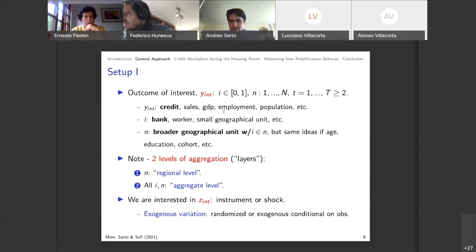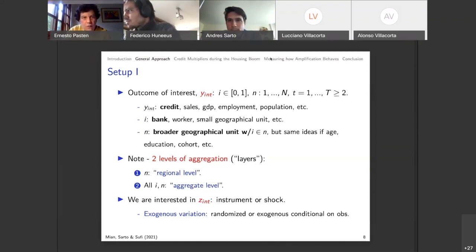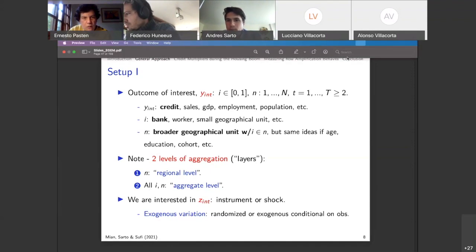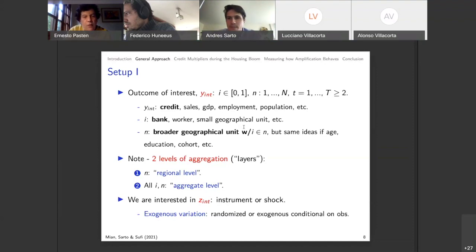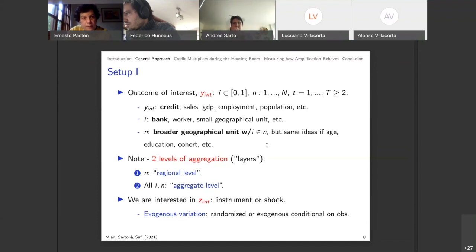Hello? Yeah, we hear you, and we see the slides. Oh, okay. Sorry. For some reason, my headphones disconnected and connected to my cell phone. Now I turned off the Bluetooth of anything I have lying around me, so this doesn't happen anymore. Sorry about that.